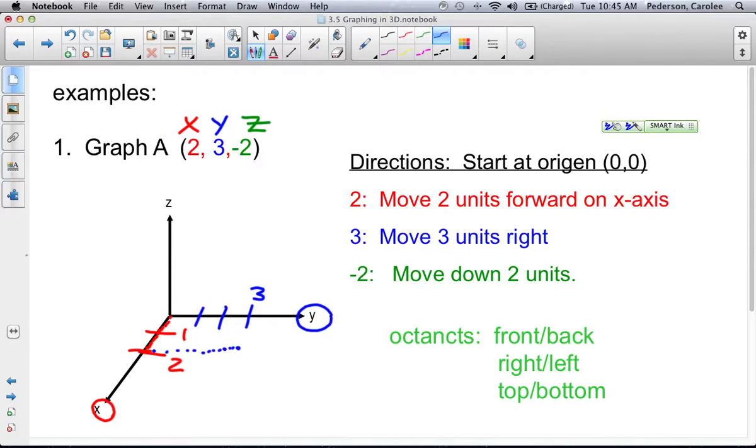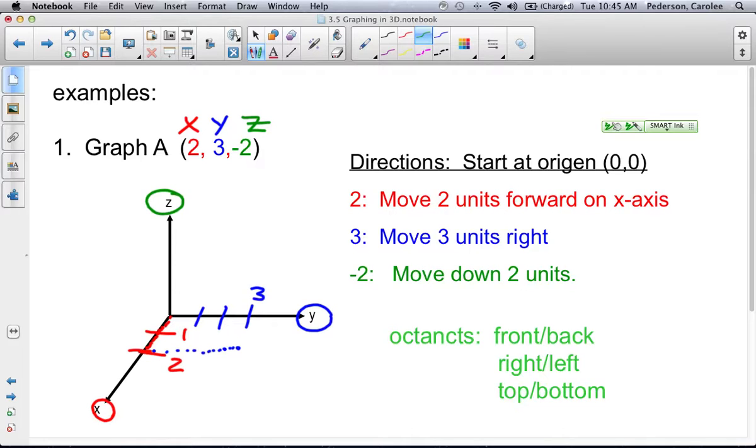And then we're going to move down 2 units on the z-axis. So notice our z-axis is right here. If it was a positive 2, then we would go to the top. But we're going to go down 2 units on the z-axis.